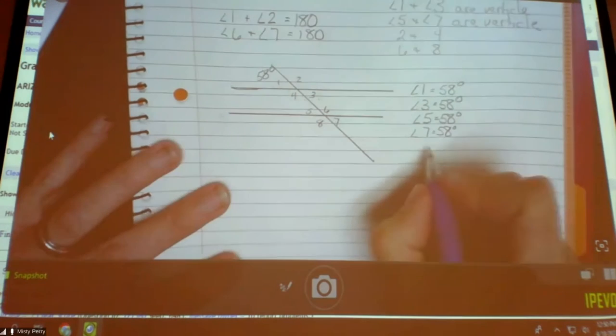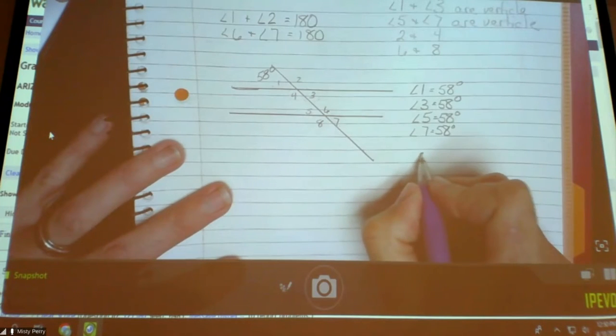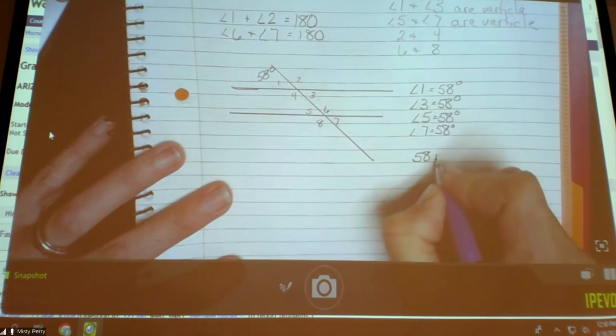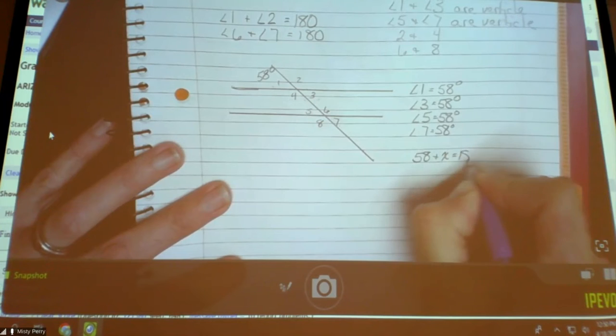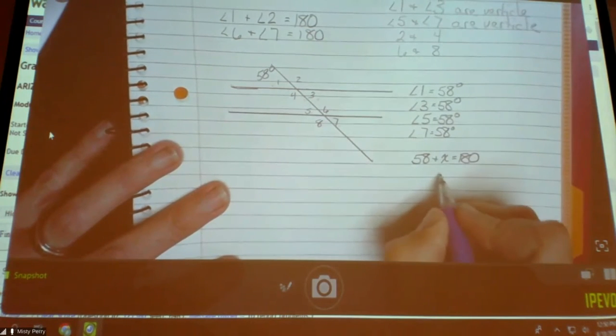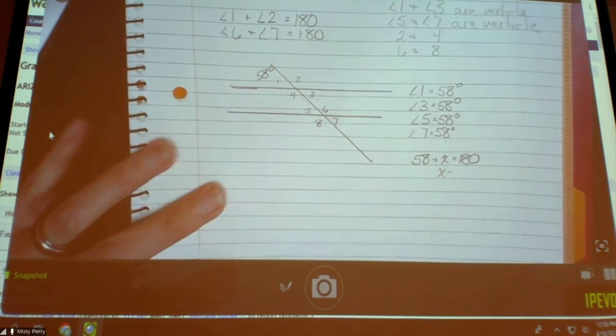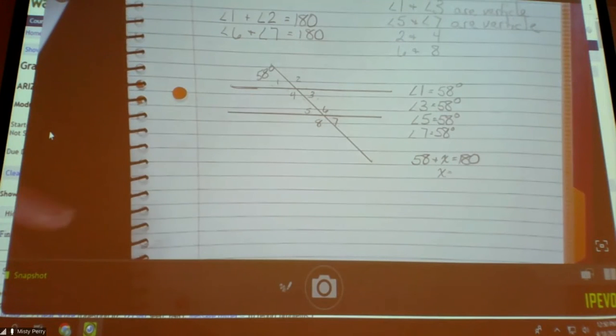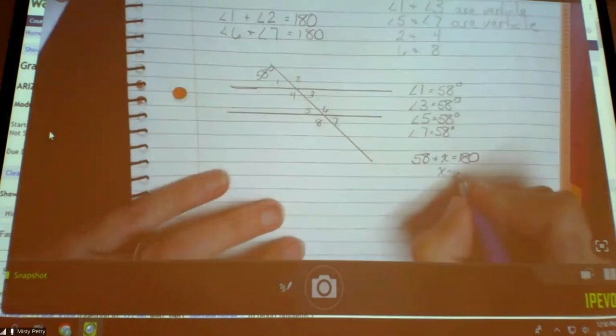So now I just go 58 plus x is 180. My x is going to equal, wait, 180 minus 58, 122.